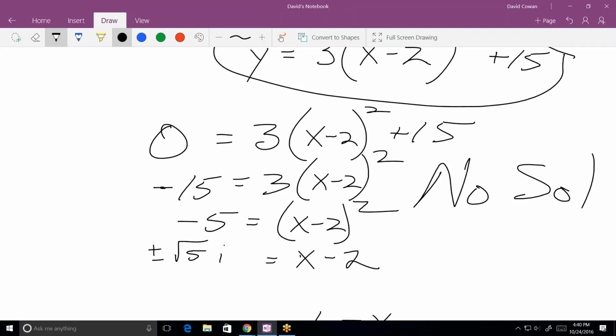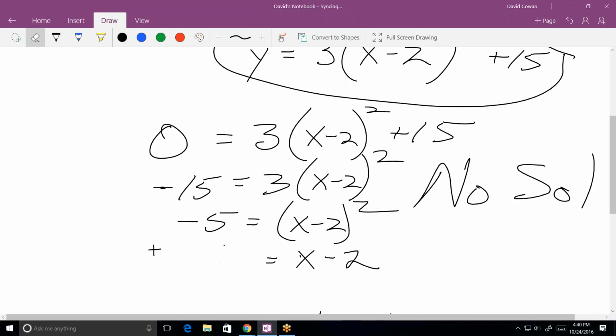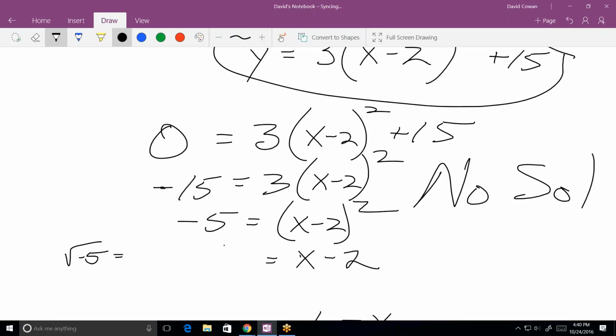Let's break it down, because this is not that obvious. When I'm looking at the square root of negative 5, first I turn it into the square root of 5 times the square root of negative 1. That's equal to root 5 times i.